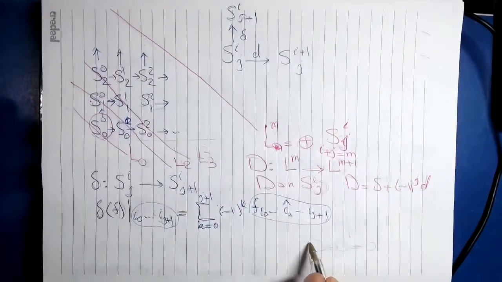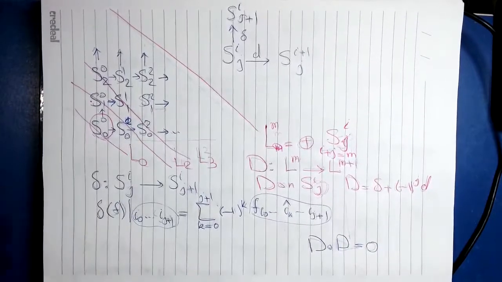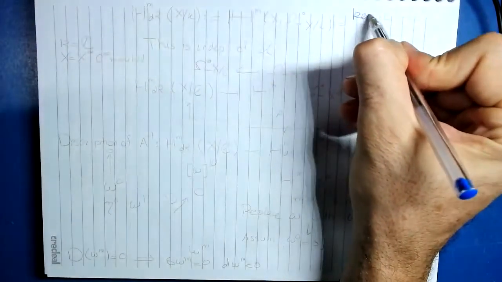And it turns out that D composed with D is equal to 0. Once we have this situation, we can define the corresponding cohomology. So we define this cohomology, which is the kernel of D from L^m to L^{m+1}, over the image of the same map D from L^{m-1} to L^m.